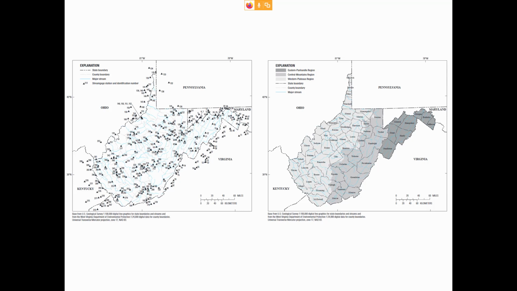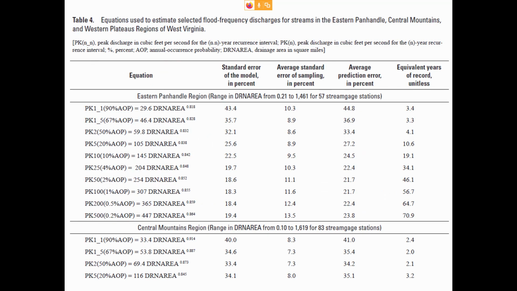So, for instance, if you're in Cabell County and you have a watershed of a certain size, then you can put that watershed into a regression equation and calculate the peak runoff from that watershed for a certain size storm. This is really the meat of that document.